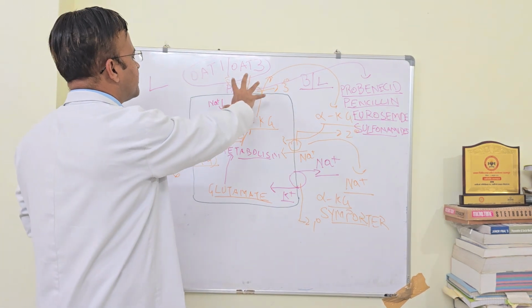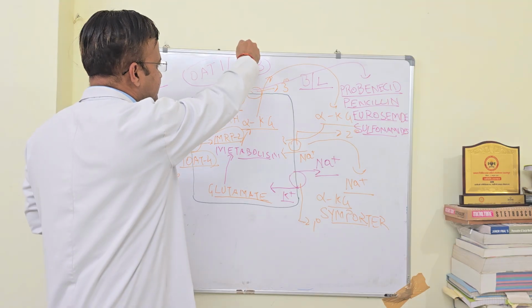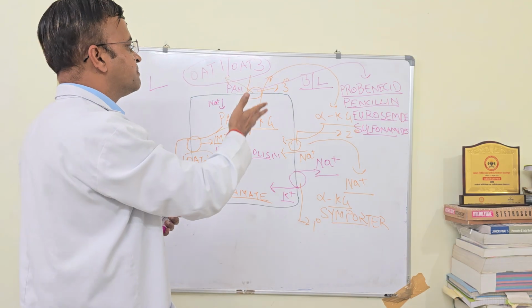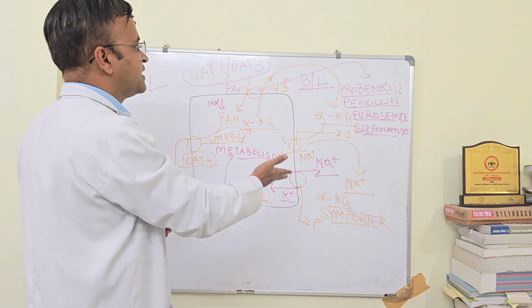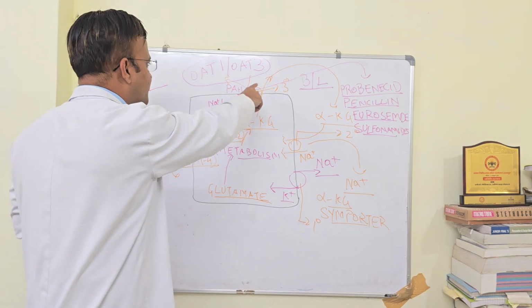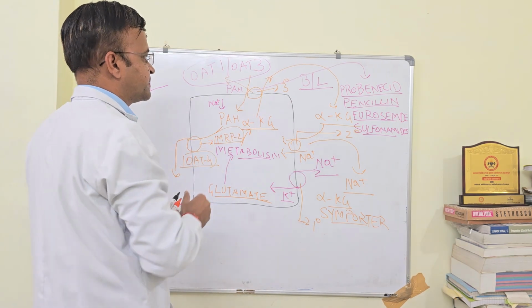So multiple drugs compete for the same transporter. Probenecid, penicillin, furosemide, sulfonamides, they compete for this one transporter, right?